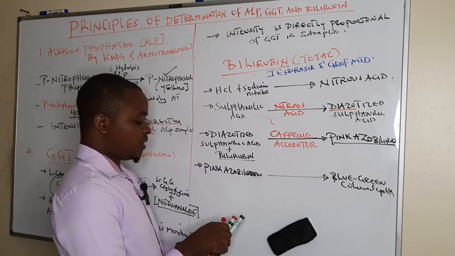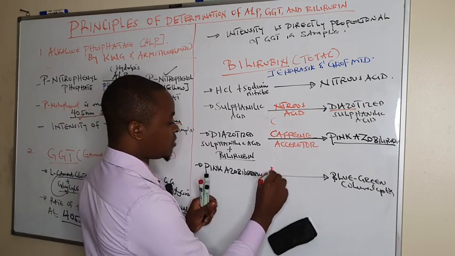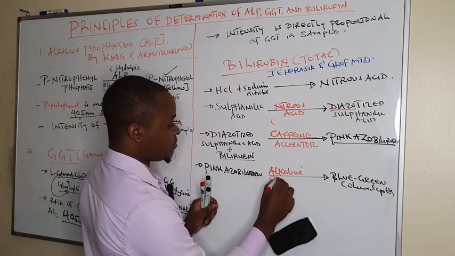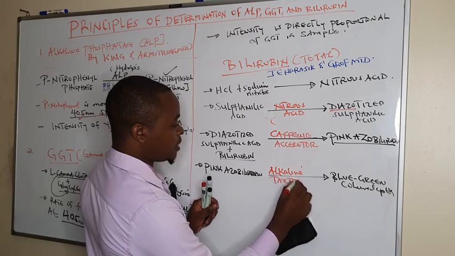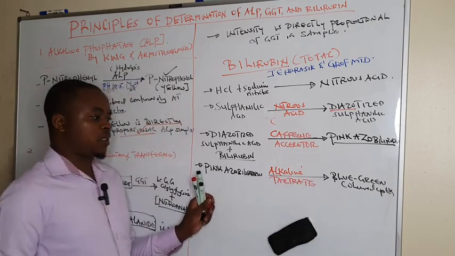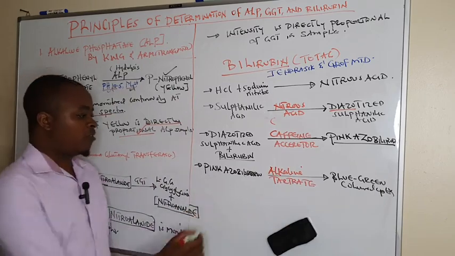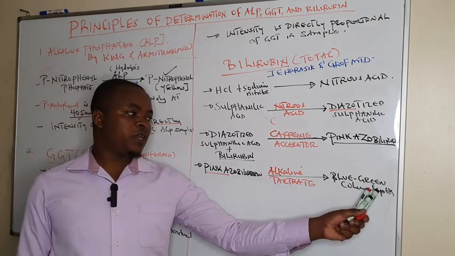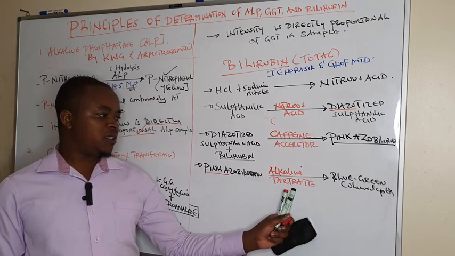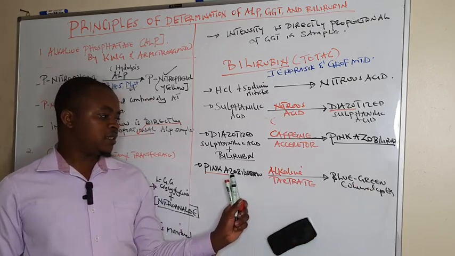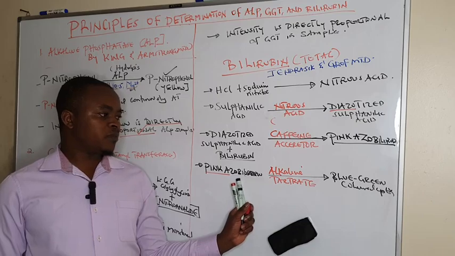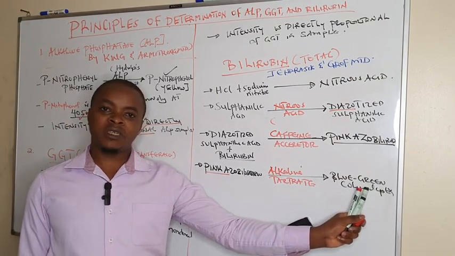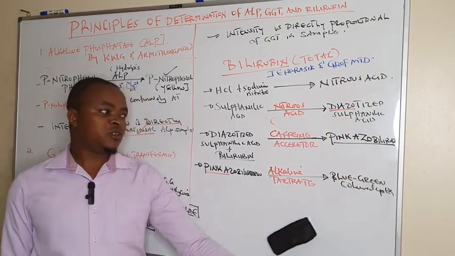This reaction occurs in the presence of alkaline tartrate. So this alkaline tartrate is the one that catalyzes the conversion of this pink azobilirubin to form a blue-green, meaning this alkaline tartrate is oxidized, it is reducing bilirubin. It is reducing bilirubin to biliverdin, which is always a blue-green. So here we are forming biliverdin, which is a blue-green.